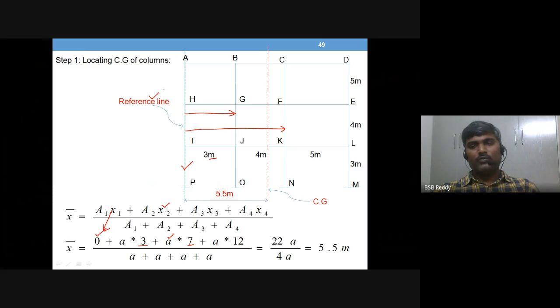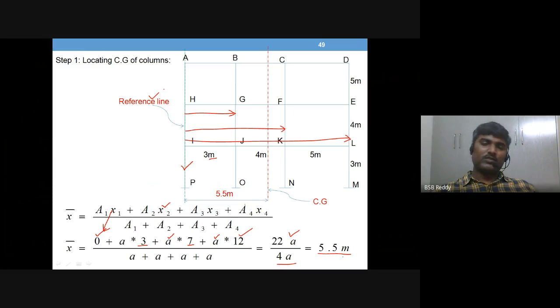Fourth column, area a, X4 is the distance from the reference line: 3 plus 4 plus 5, 12. So total 7 plus 3, 10, plus 12, 22a, divided by A1 plus A2 plus A3 plus A4, 4 times a. So what is the value? 5.5 meters is the CG location.